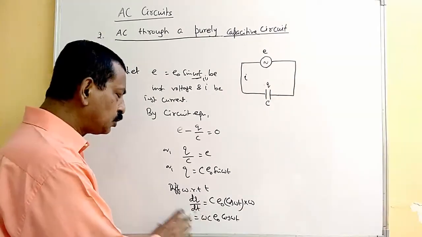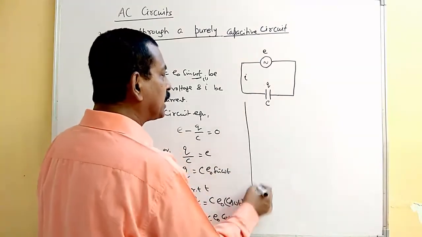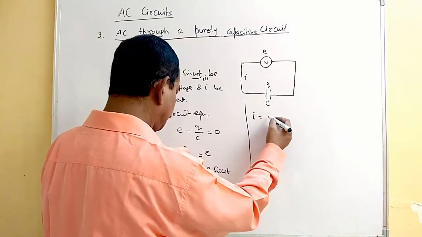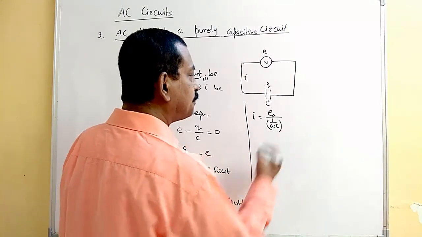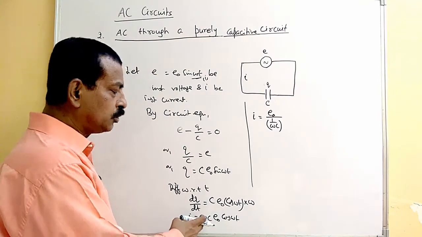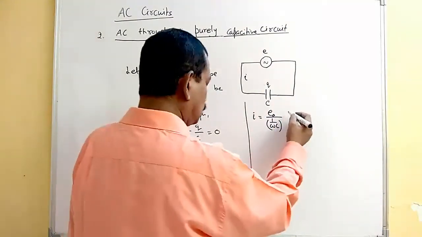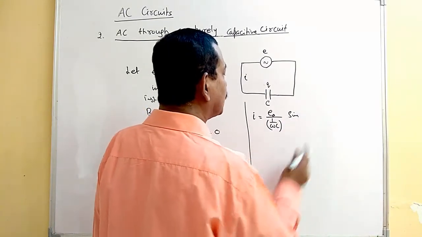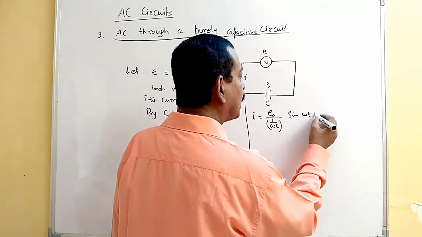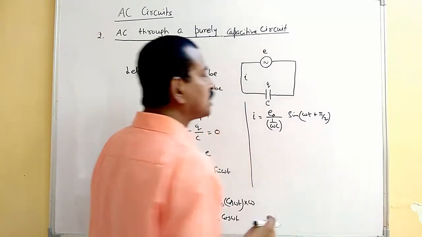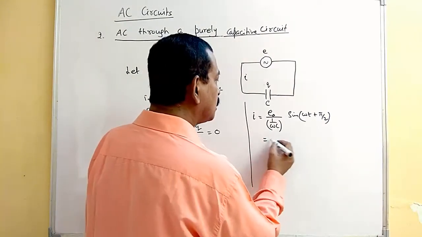We can slightly rearrange it as I equals E naught by 1 by omega C, where omega C in the numerator has been taken to the denominator, into cos omega t. We can write this as sine omega t plus pi by 2, because sine of 90 plus theta is cos theta.